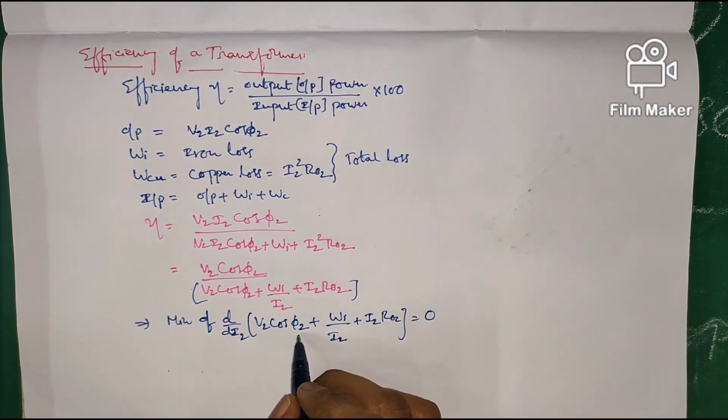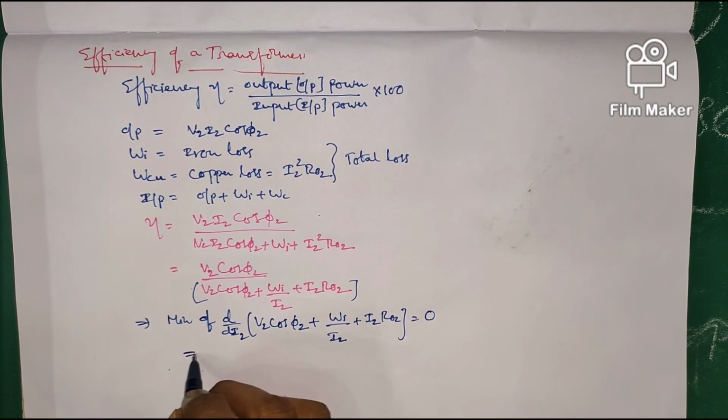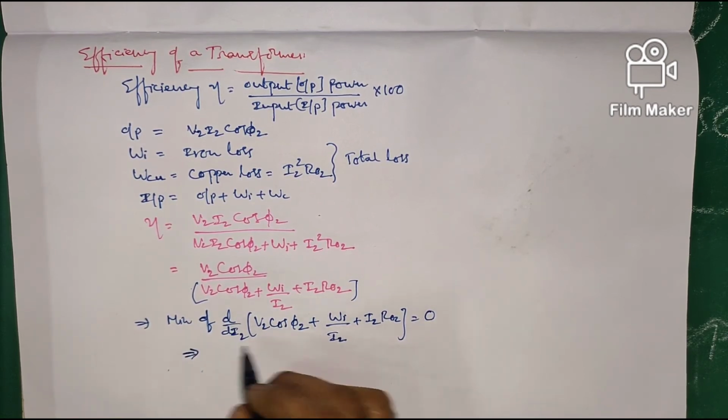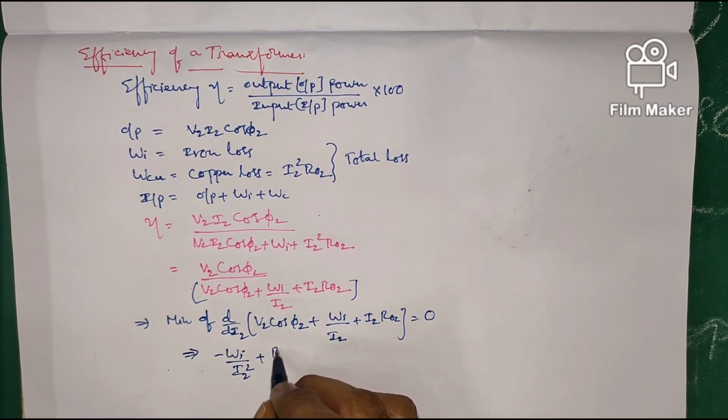As V2 cos phi 2 is a constant, its differentiation with respect to dI2 becomes equal to 0, and d by dI2 of Wi by I2 will give you minus Wi divided by I2 square, plus R02 is equal to 0.